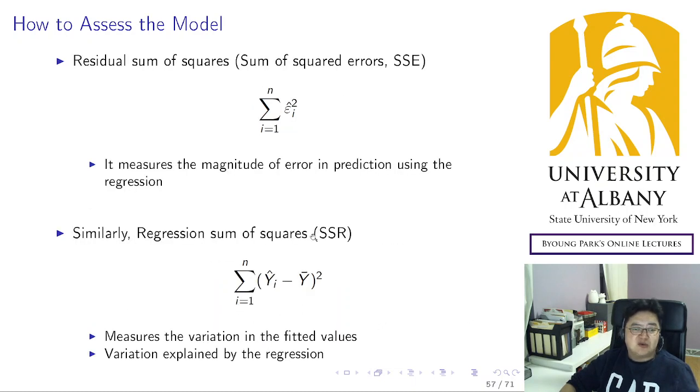By the way, this abbreviation may be different depending on textbooks. I really hate this. Some people call this SSE, some people call this SSR, but others call this SSR, sum of squared residuals, and some people call this estimated sum of squares, so ESS or SSE.